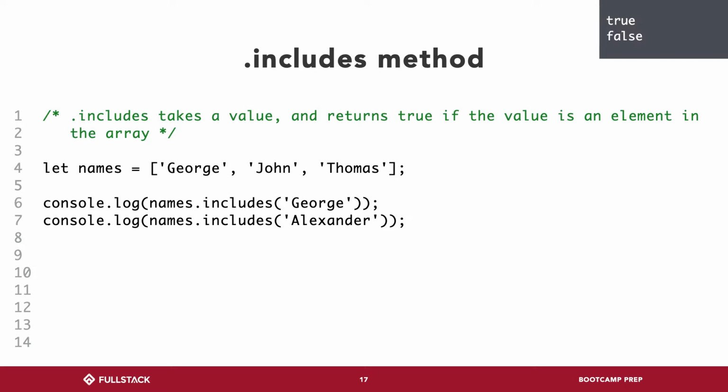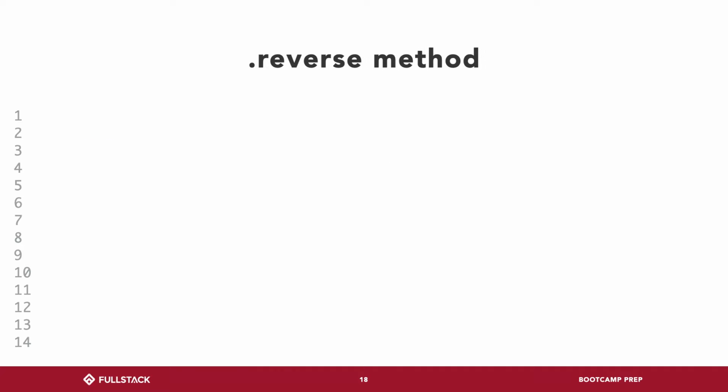George is in this array. It's at index 0. It doesn't return 0. It returns true. Alexander's not in here, so it returns false. Easy, right? And it makes sense. Names dot, does it include the thing you're going to pass into it? The same can be used for strings. This is also a string method.